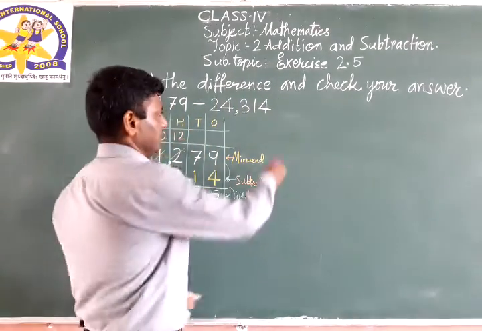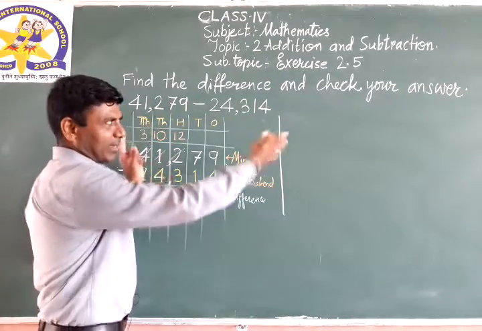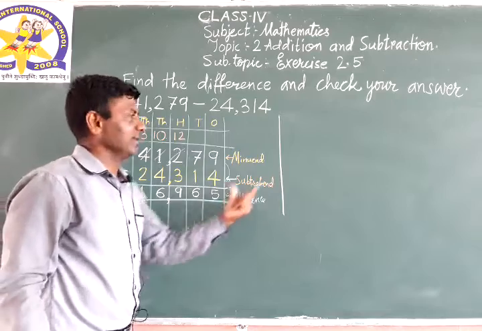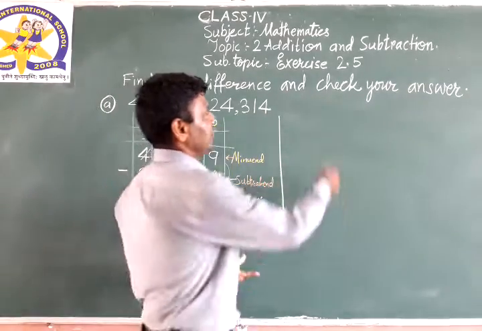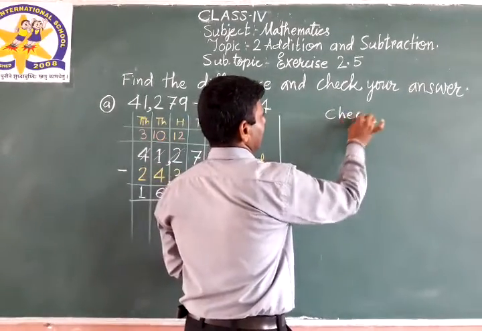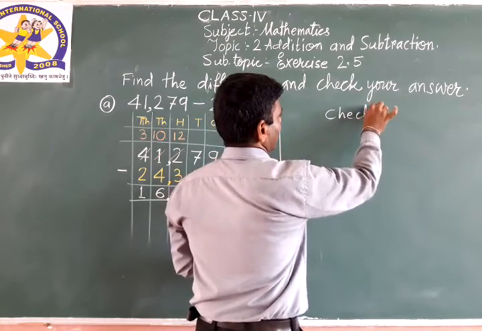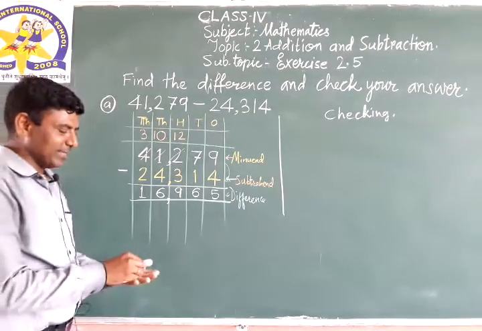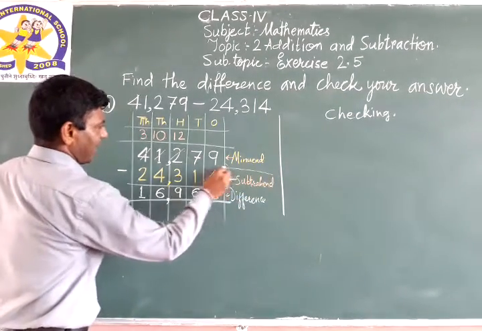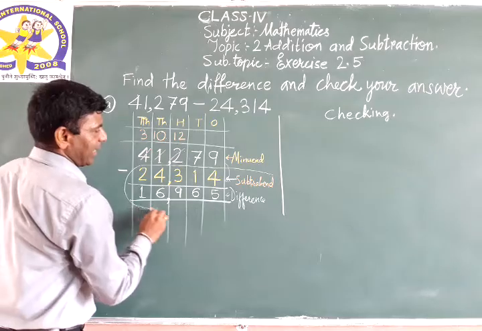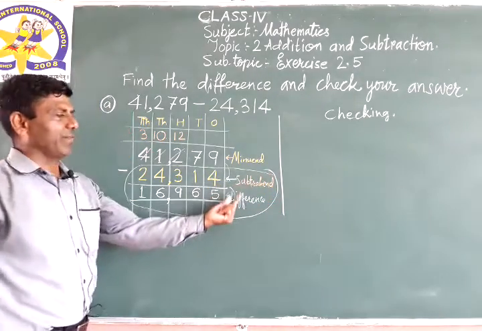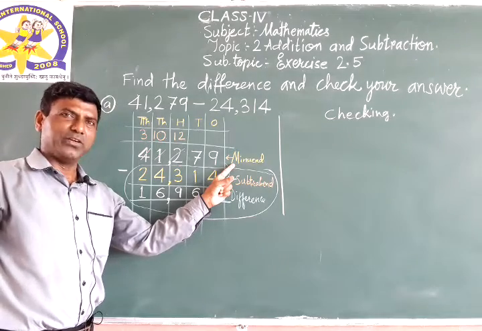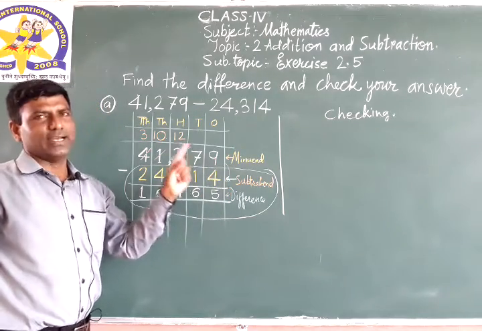Then draw one line like this in one page, two sides. Here write difference. Now here check your answer. How to check? I said subtrahend: if you add subtrahend plus difference and you get the minuend, then your answer is right.